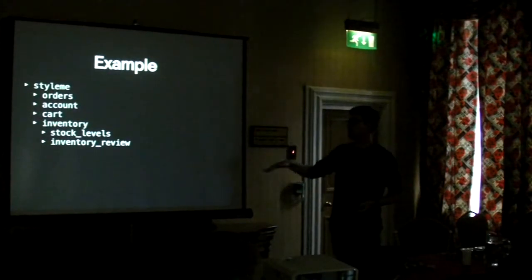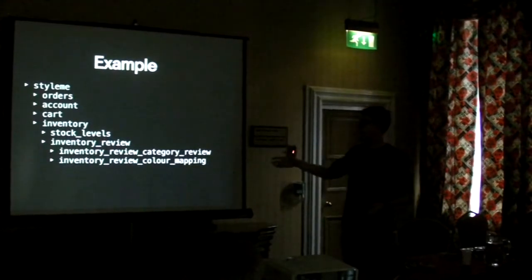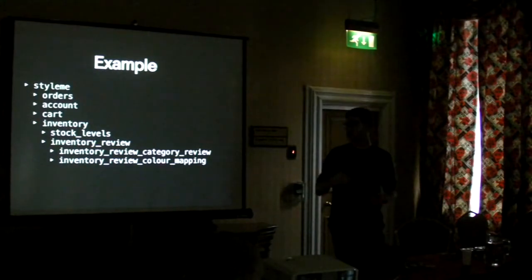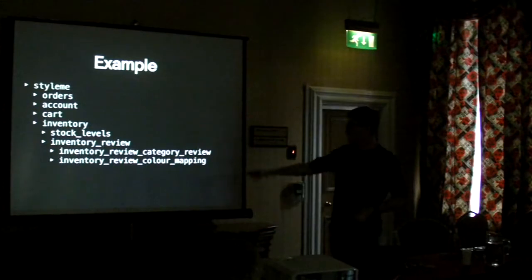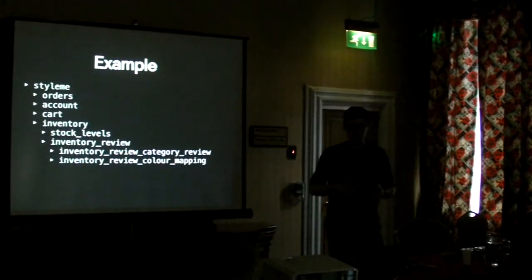Then we've got larger subsystems, again, within inventory. We've got a review process where we clean up the data from our web scraping. And so we start nesting even further with each of the stages of our review process coming in under there. As you can see, these are prefixed with inventory review because some of these might be names that we may want to reuse elsewhere.